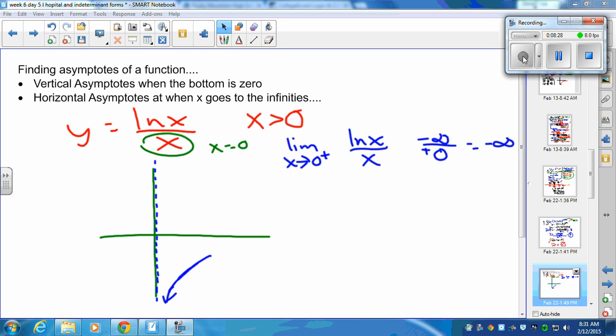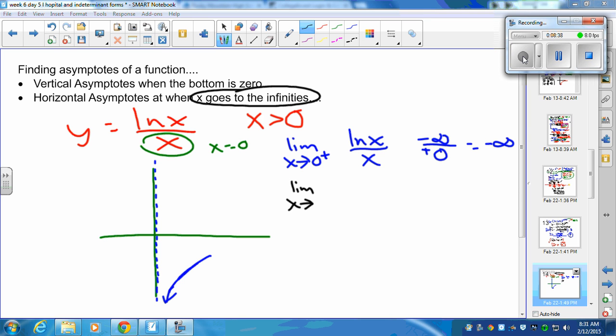Now, on the right side is horizontal asymptotes. And horizontal asymptotes are when the x goes to the infinity. So we're going to want to look at limit as x goes to positive infinity. I'm not going to do negative infinity because I told you, hey, let's just make it x greater than 0. The reason I did that is you can't have negatives in the ln, so I'm only looking at the right side.